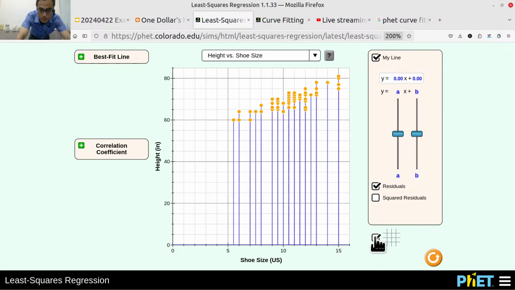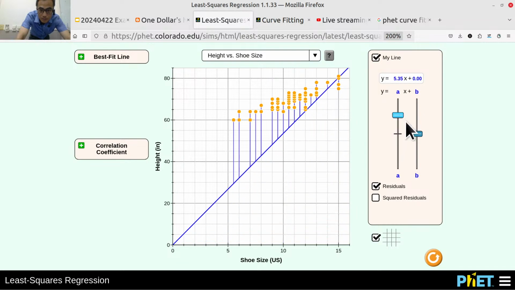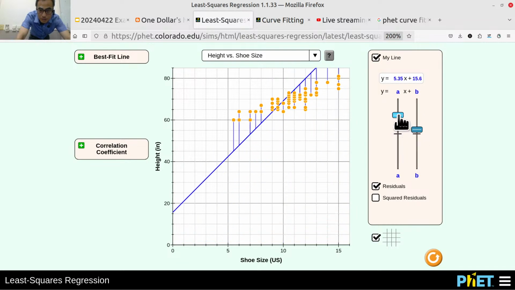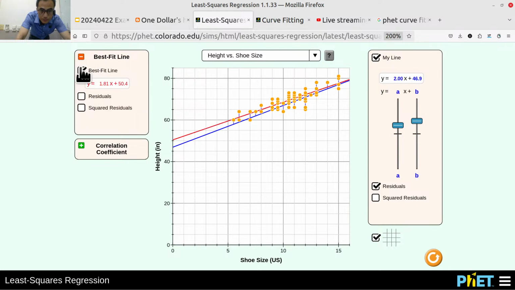Yeah. See? The red line here, the computer calculates the best fitting. That will be y equals 1.81x plus 50.4.